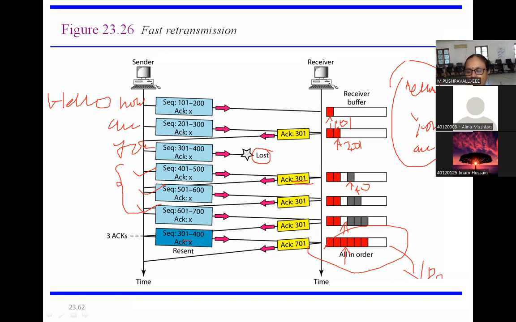When my acknowledgement is lost, or a packet is lost, or the timeout period is expired, I will do the retransmission, but this is another kind of retransmission, that is fast retransmission. I can wait for 3 more acknowledgements, and once I understand I'm getting 3 acknowledgements, I have to send that packet immediately. So that packet will be immediately resent.